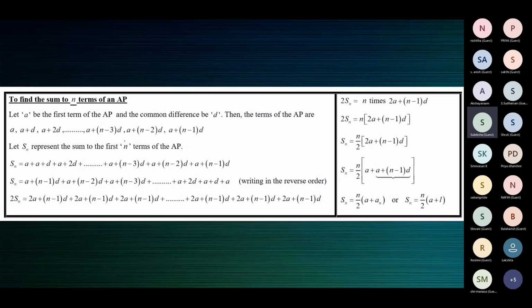Here is the derivation to find the sum to the first n terms of the AP. Please make a note of this. N terms means the first n terms, but still, please include this: to find the sum to first n terms of an AP.